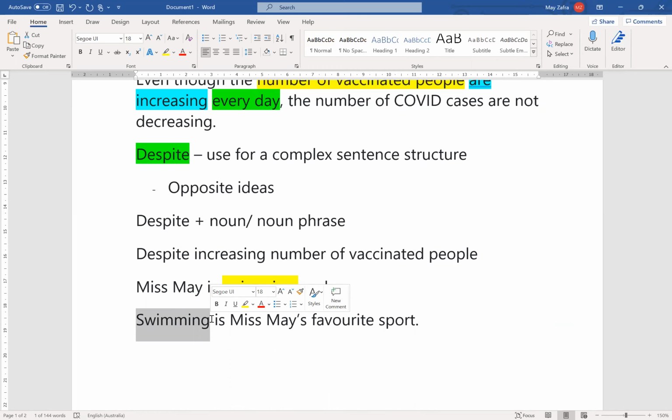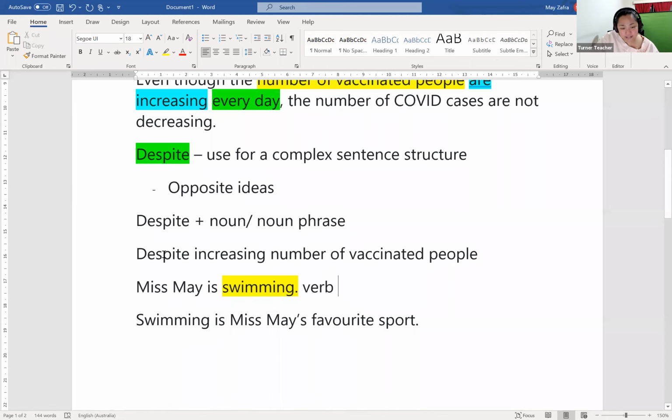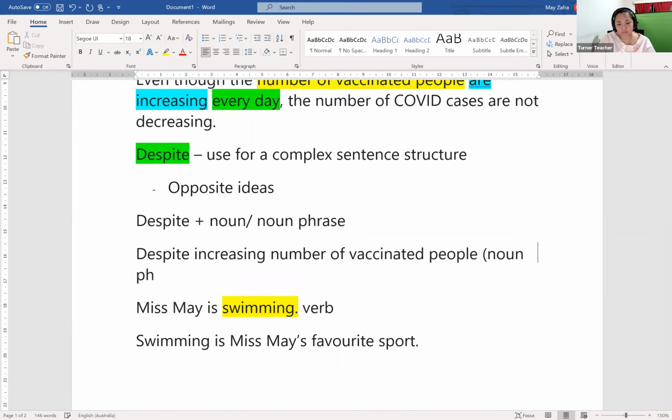Clear? Okay. So in this sentence, despite increasing number of vaccinated people, is increasing number of vaccinated people a verb or a noun? A noun. Increasing number of vaccinated people is a noun phrase. So now we can use despite for this sentence.